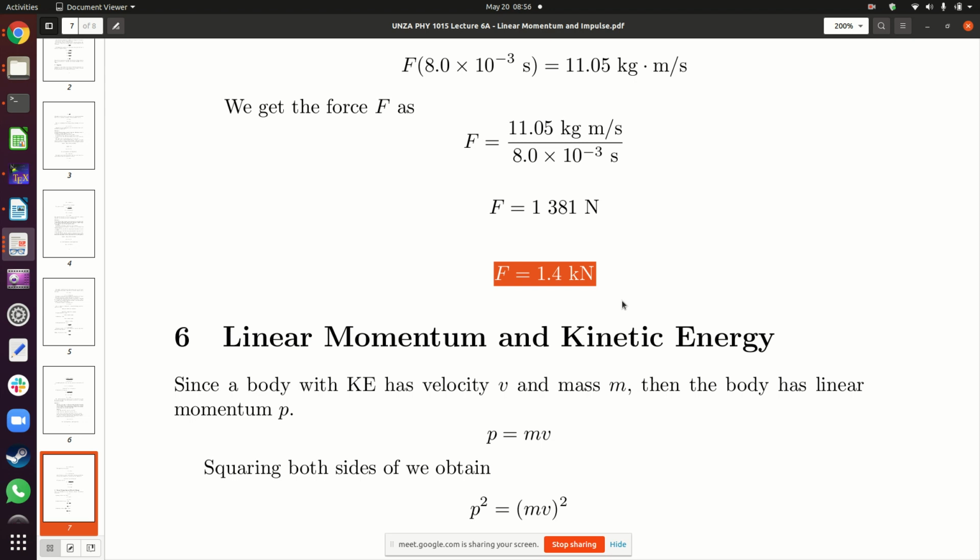In this example, it is very clear that if you want to change the momentum of a ball, you need to kick it. And when you're kicking the ball, for a very short amount of time, you exert a force. So depending on how powerful that force is, we all know what happens. Okay, any questions on this one?